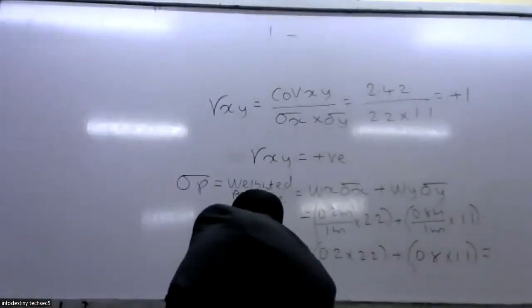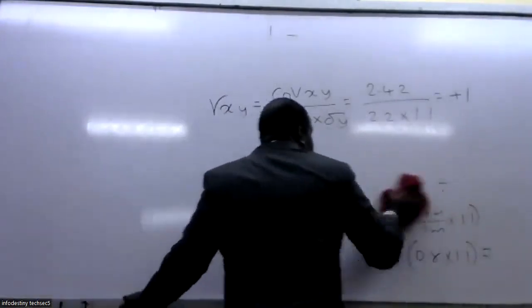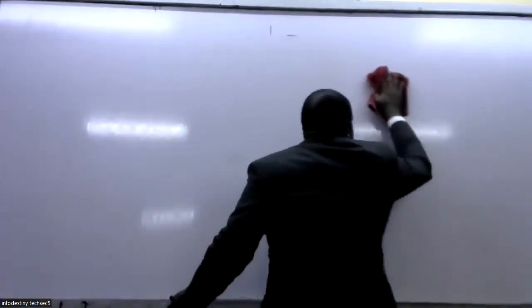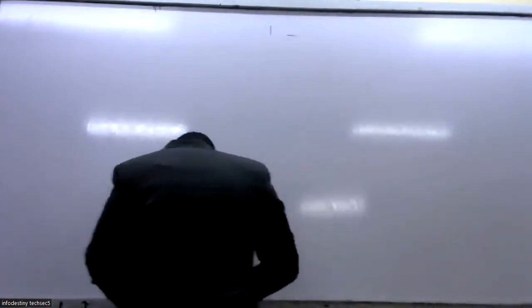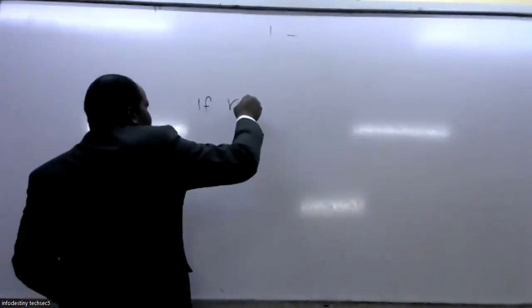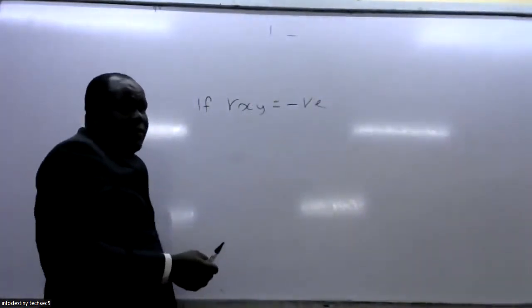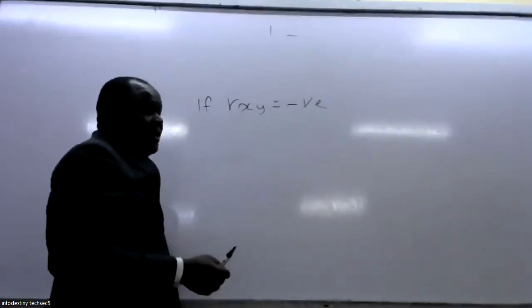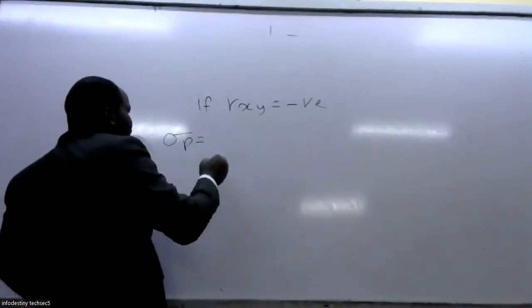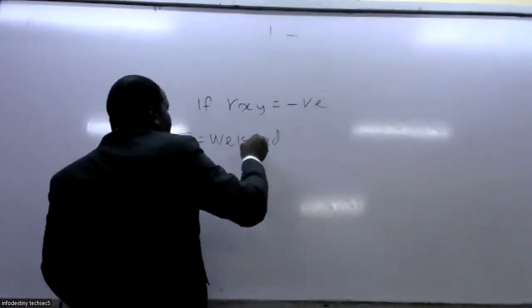So we are simply saying that if the correlation coefficient between X and Y is negative, then the standard deviation for the portfolio will be the weighted difference.